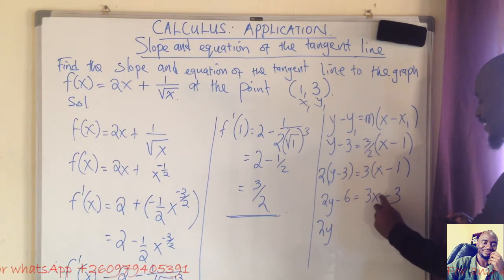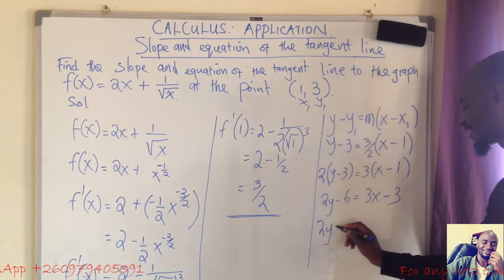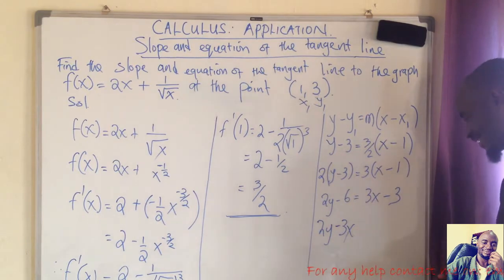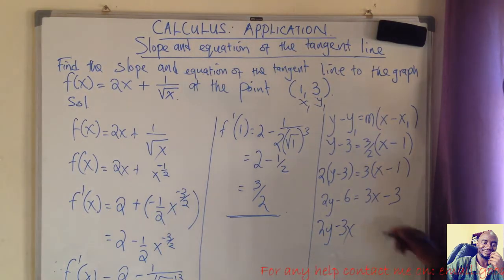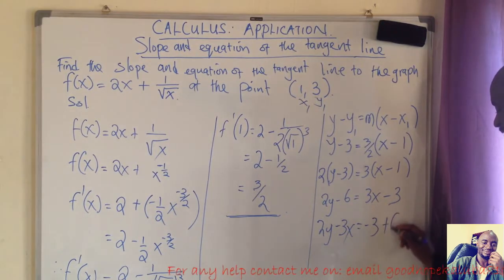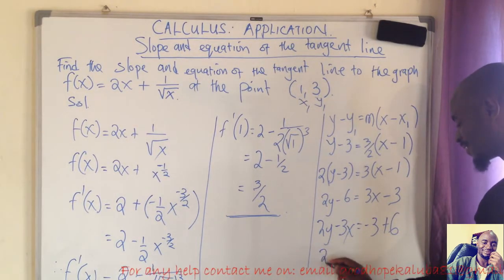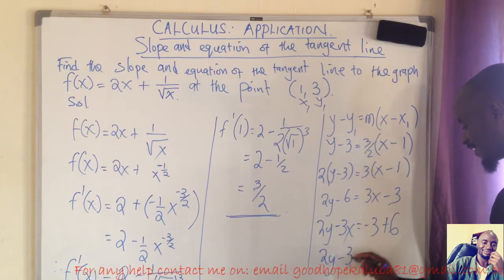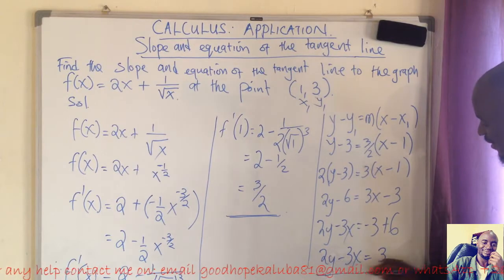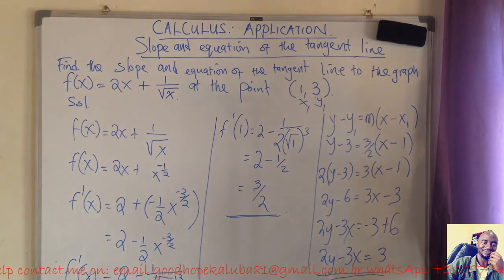Here I'll put minus 3x, then minus 3x. But for simplicity, we just say this goes that side, though there are no such things. So this will be equal to minus 3, then this one will be plus 6. So we are going to have 2y minus 3x is equal to 3. And this will be the equation of the tangent.